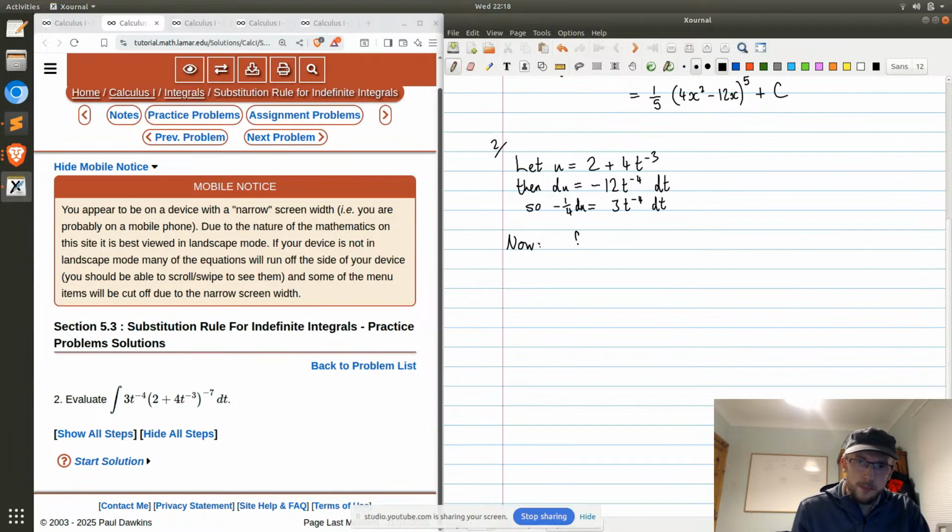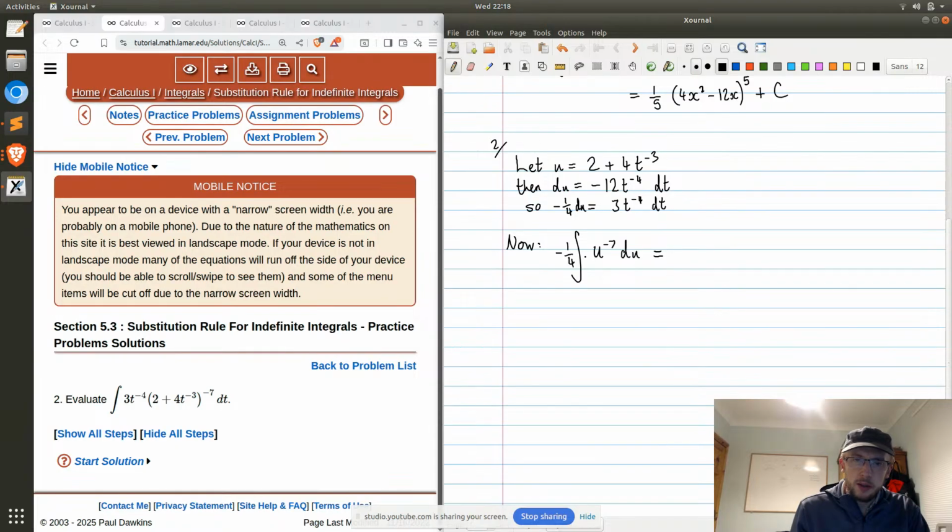Now, the original integral becomes negative 1/4 of u to the negative 7 du. And how to do this?